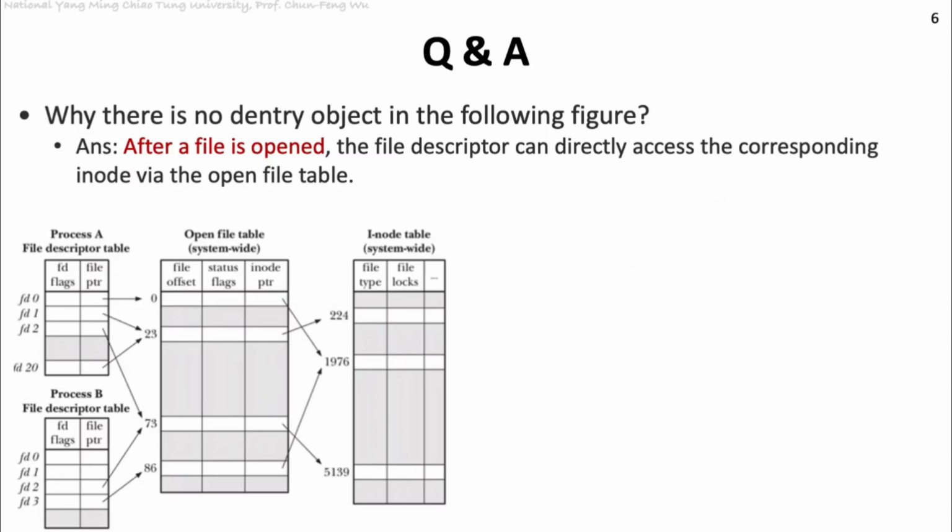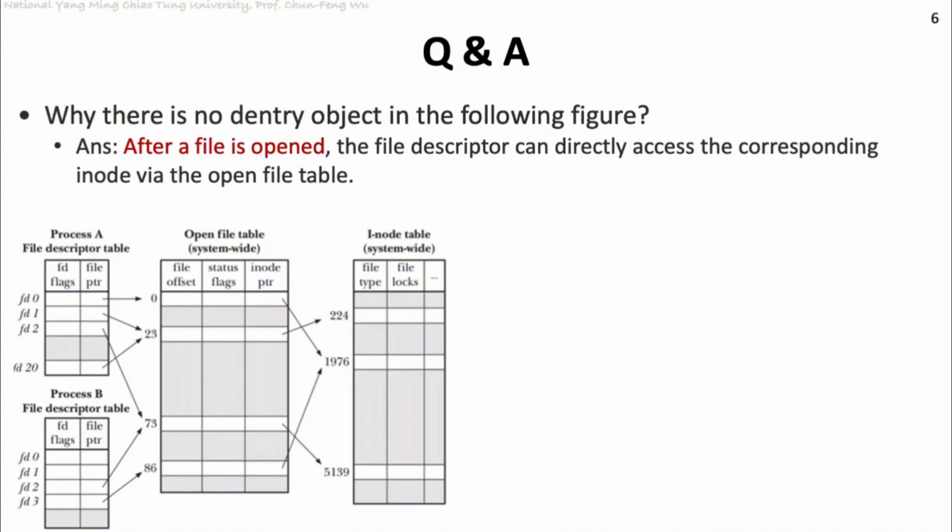If you are going to access data from a directory, it must start from the root, and the entry object helps resolve where the file is. If the file is already open, then we don't need the entry object to do the file path resolving again. So this is quite different.